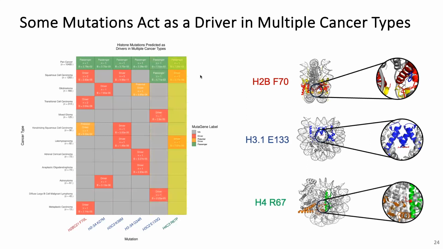And then finally, we also have the H4R67P mutation, which was found as a driver inside of 2 different cancer types. And this mutation is particularly interesting because it occurs inside of an H4 histone. And H4 histones are probably the most well-conserved protein overall. Evolutionarily, they only differ by a few different amino acids. And there really haven't been any mutations previously predicted as drivers inside of H4 proteins as well.